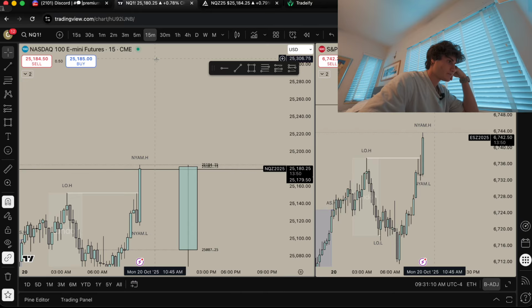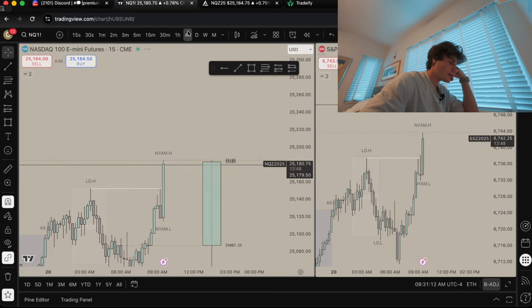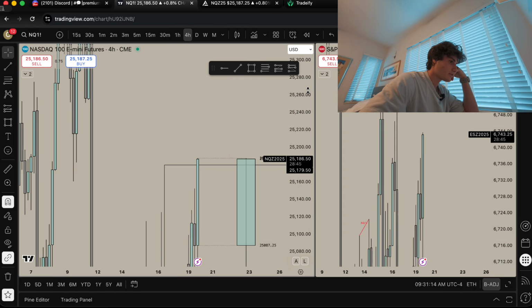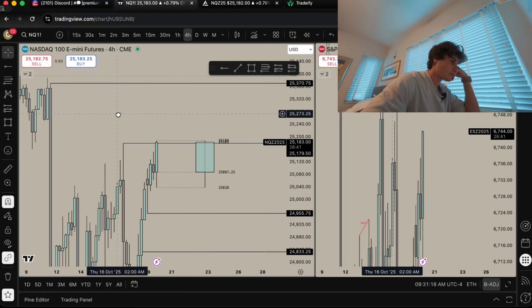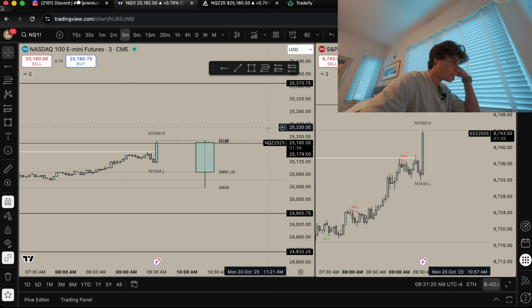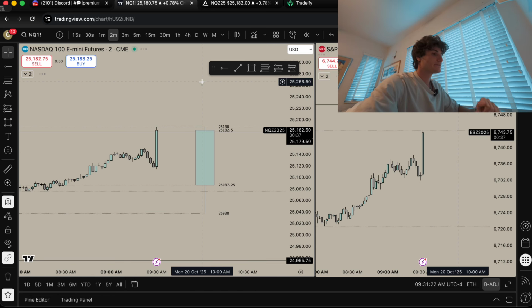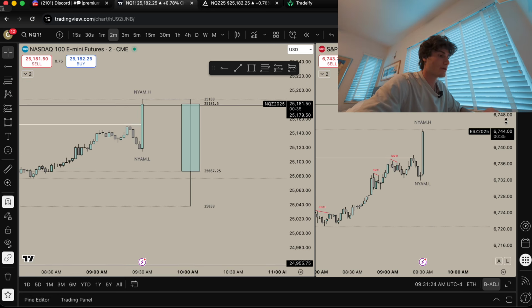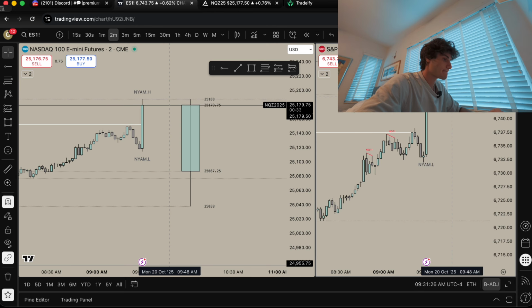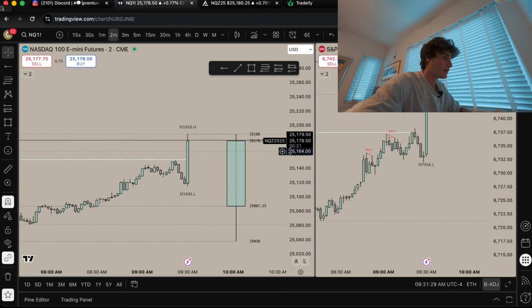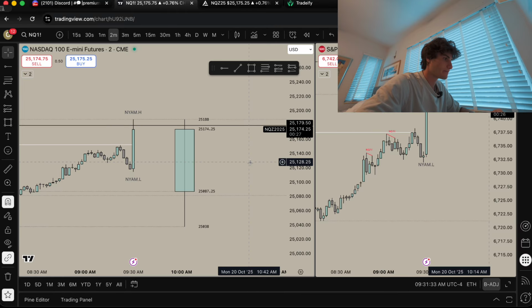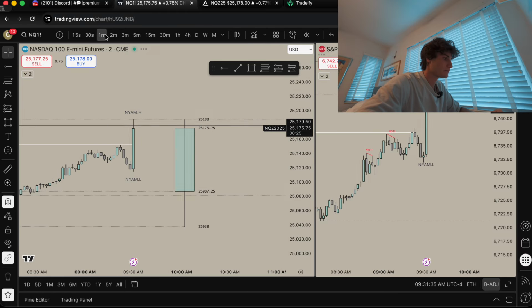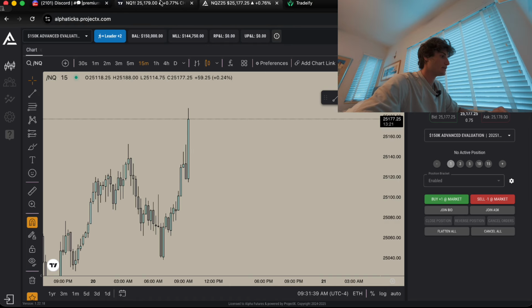Now, what I'm going to do is mark out the high of this range just so I know where price is, and I'm also going to chill on the lower time frames. Now I'm going to wait for a lower time frame SMT, and that's where I take this trade. So we'll see what happens. But now we just wait. Market just opened, by the way.